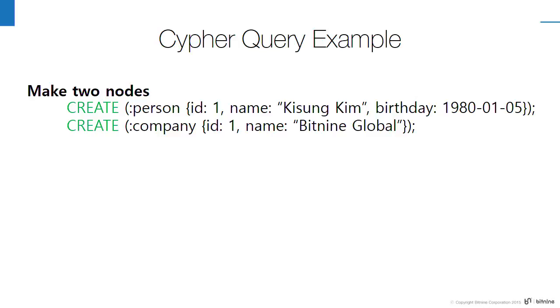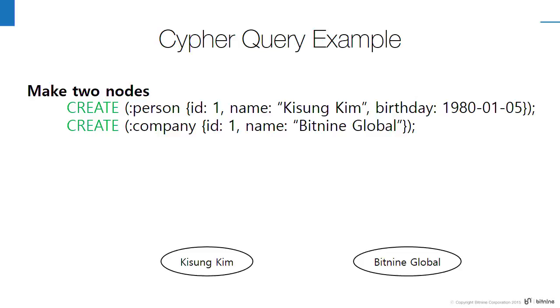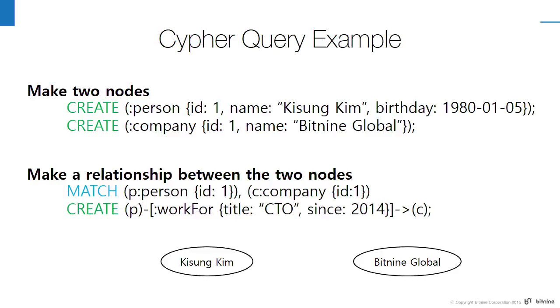And you can specify any key value properties for nodes and relationships. And after executing these two queries, then there will be two nodes existing in the graph database. And then you can create a relationship between these two nodes using this query. So after executing this query, there will be a new relationship between these two nodes.